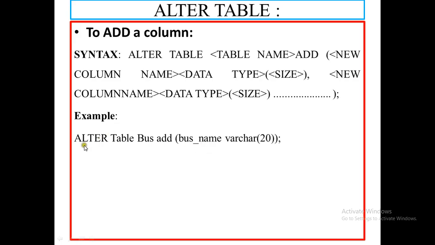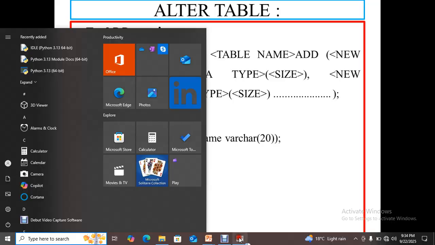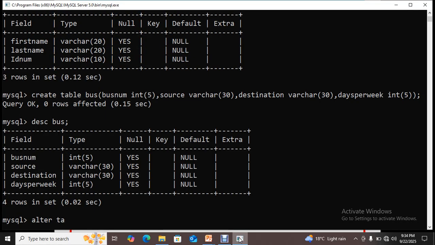So I'm going to say alter table bus, add, then within the brackets, for example, bus name, then varchar within the brackets, here let me say 20 or something else.